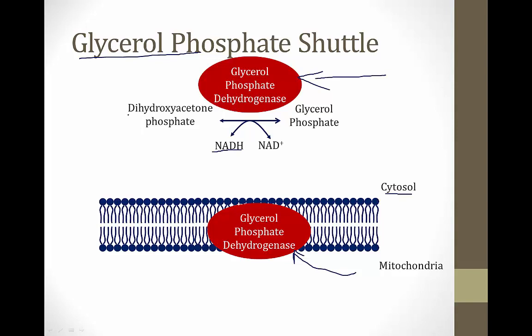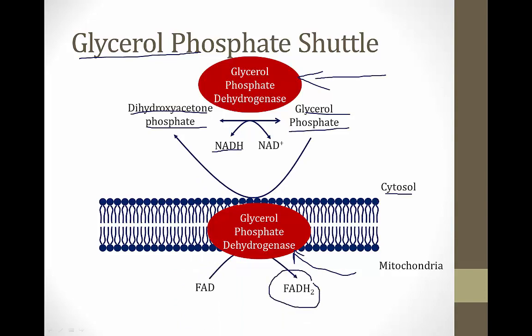This enzyme will convert a molecule of dihydroxyacetone phosphate into glycerol phosphate. The mitochondrial version of the enzyme then will convert this back, and in doing so, it will generate a molecule of FADH2 inside of the mitochondria, which can directly go and participate in the electron transport chain.